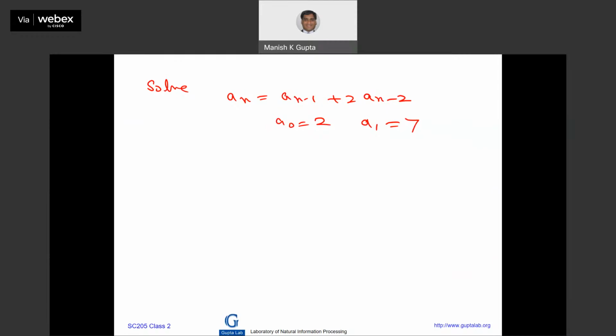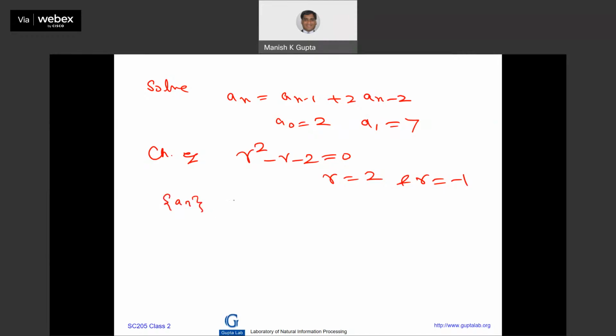Characteristic equation लिखो. The characteristic equation is r square minus r minus 2 is equal to 0. You solve it, r is equal to 2 and r is equal to minus 1. These are the roots, distinct hai.